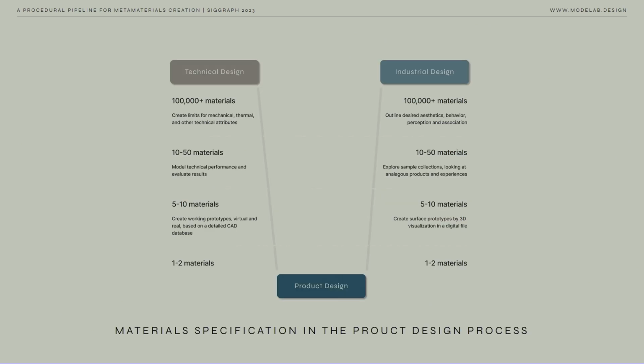And so within this design process, material selection plays a really critical role. Traditionally, choosing the right materials involves two main paths. On one side, there's technical design, engineering, and on the other side, industrial design.